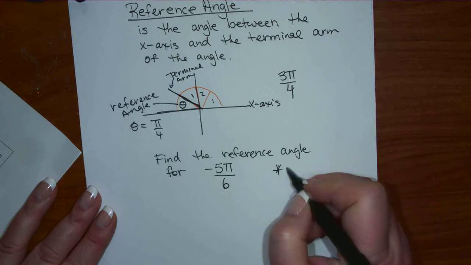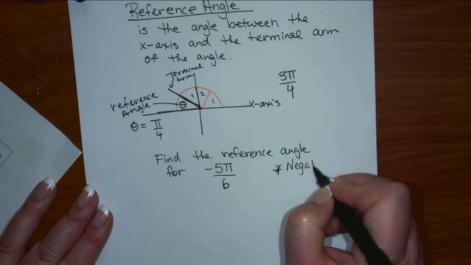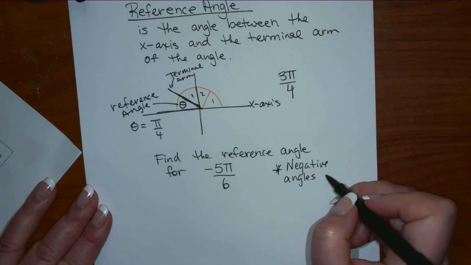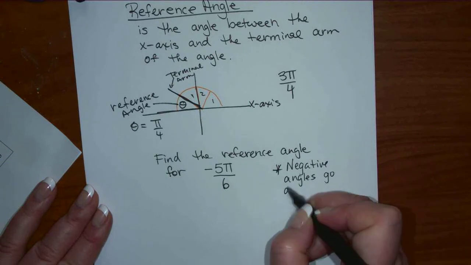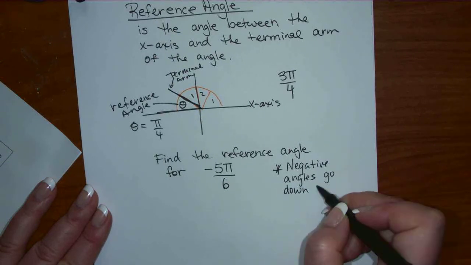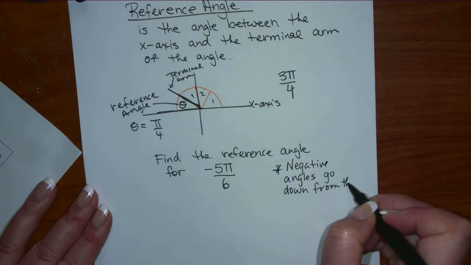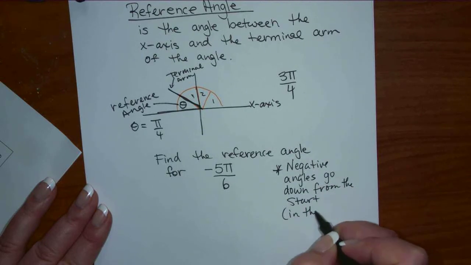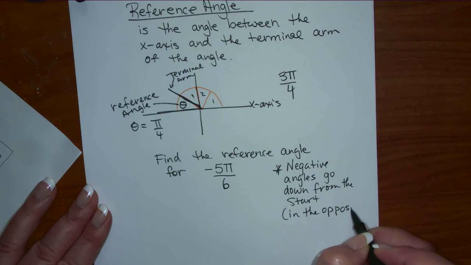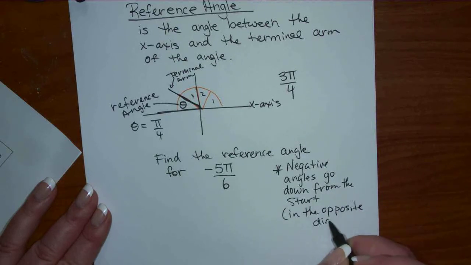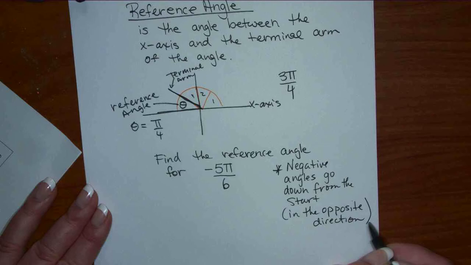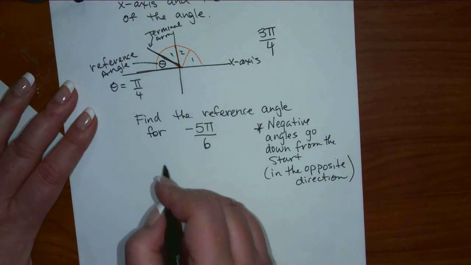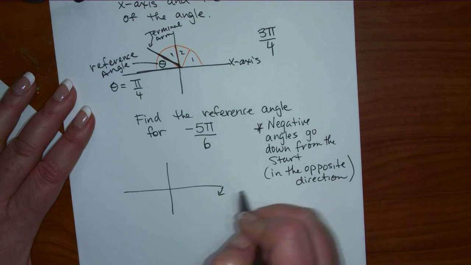So negative angles go in the opposite direction. You still start at your start line, but we go in the opposite direction. So negative angles go this way.